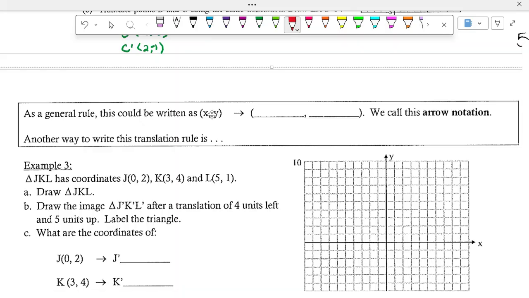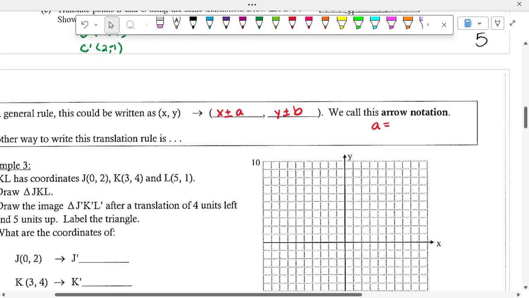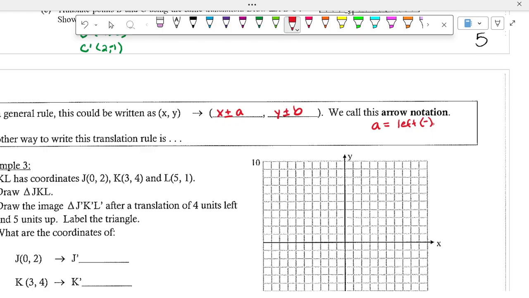If you start with the point x, y, you're doing x plus or minus a, y plus or minus b, where a is how many units left or right.